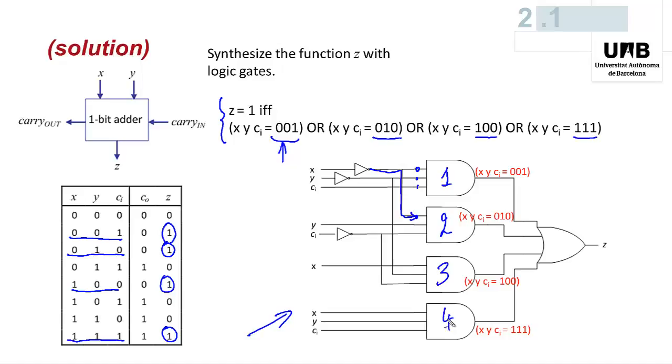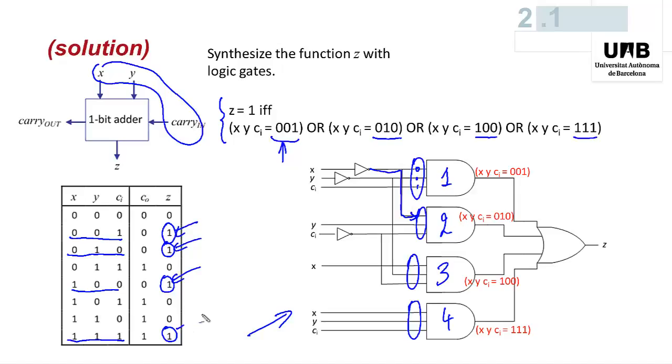With this method, without any kind of optimization, the AND gates will have as many inputs as the number of inputs of the circuit. In this case, the circuit has 3 inputs, and all the AND gates have 3 inputs. Which is the number of AND gates? The number of AND gates is equal to the number of ones of the function.